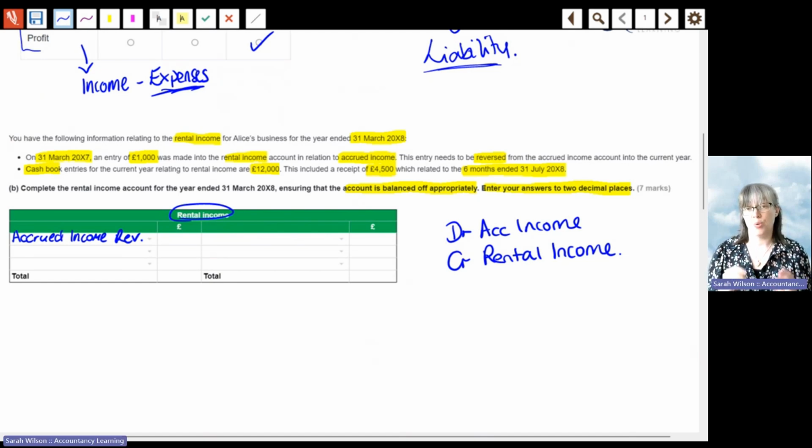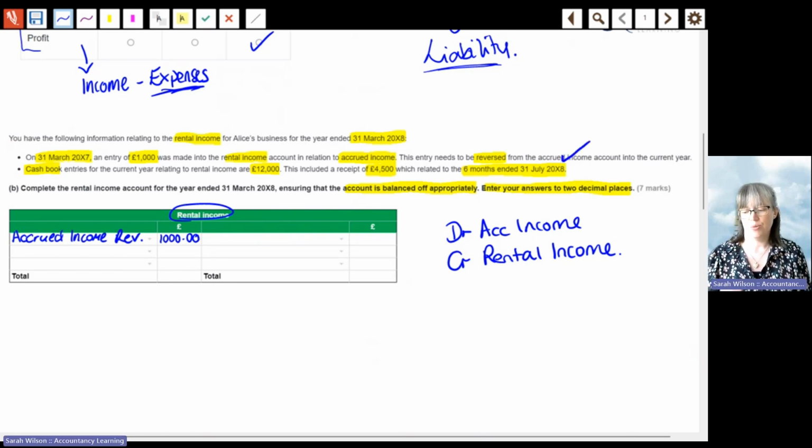Now, in the exam, you will have the drop-down boxes in order to select which account you want. We've got 1,000, and don't forget your decimal points, which is even more important when you are working in whole figures, because we naturally don't put 0.00 with our whole figures. So be careful with that, because that's where you will lose some marks.